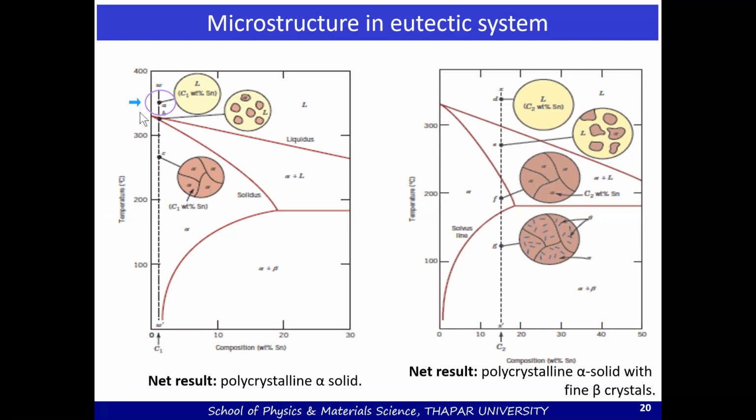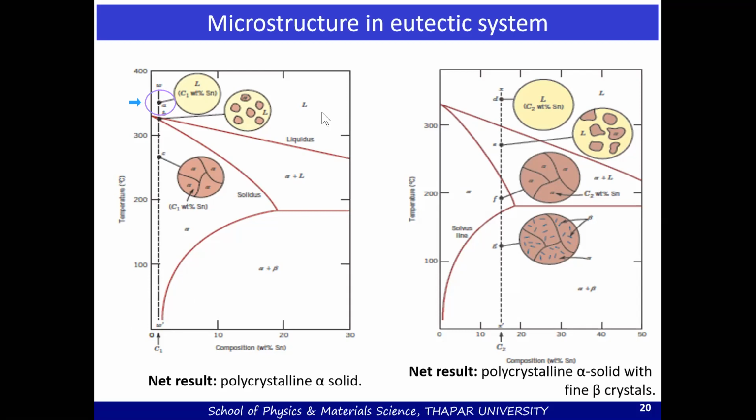If you want to find the concentration of the liquid, you draw a vertical intercept on the x-axis. This dotted line is the intercept on the x-axis. It intersects the x-axis somewhere close to 0.